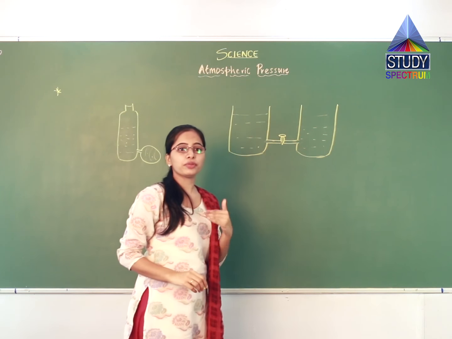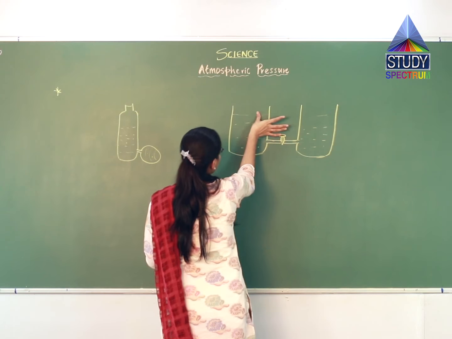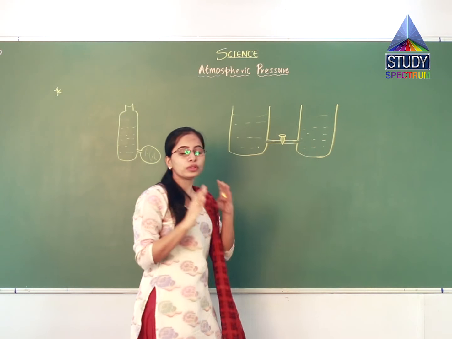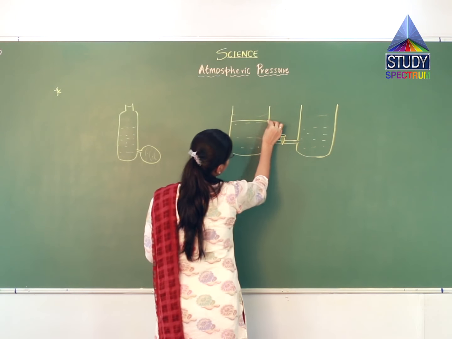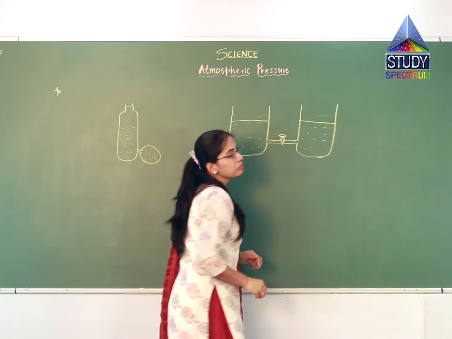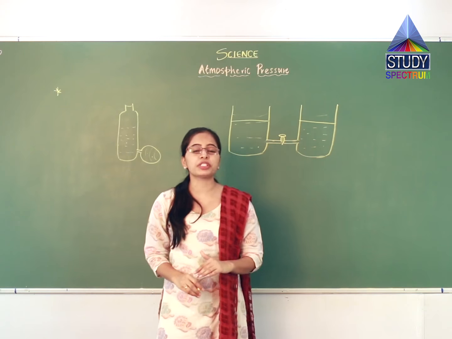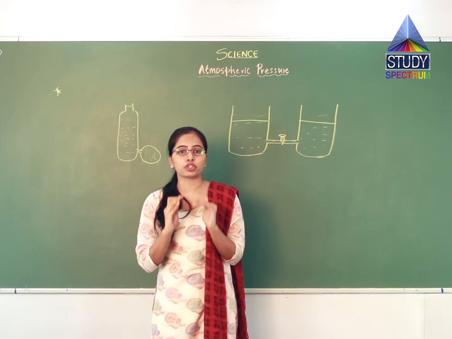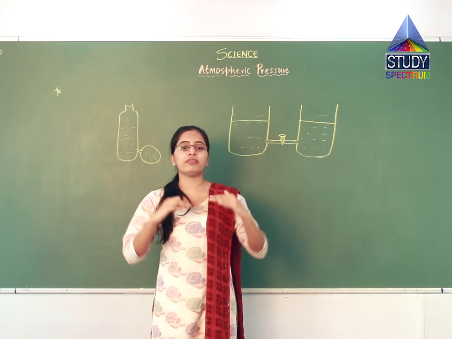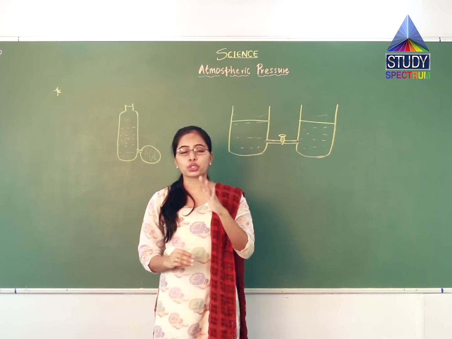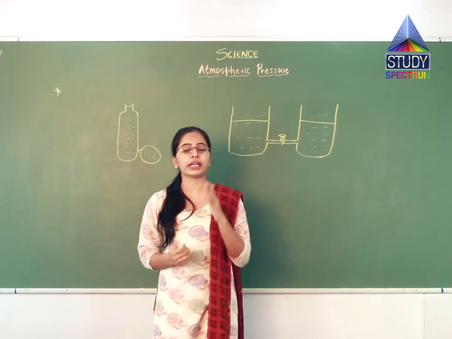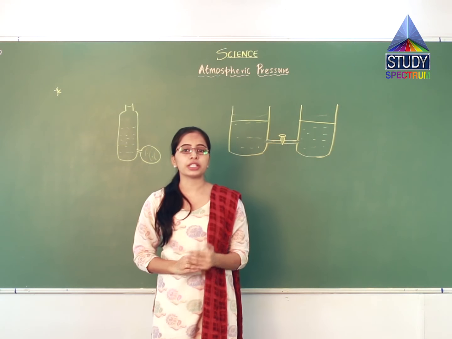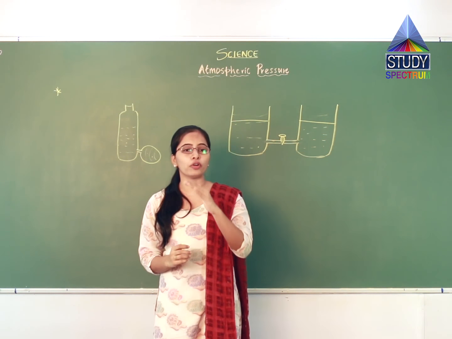So after some time you will see that the liquid flows till the point where the levels in the two containers become equal. Then the flow of liquid will stop since both the levels are equal. So this experiment shows us that fluids flow from a region of higher pressure to a region of lower pressure.